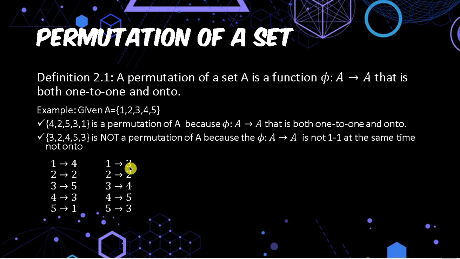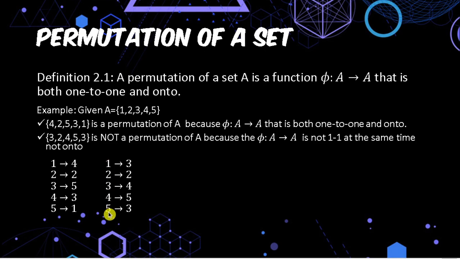So, hindi unique. Yun yung definition natin ng one-to-one. Dapat lahat ng elements natin sa range, dapat isa lang ang kaniyang image. But in the case of 3 here, dalawa.